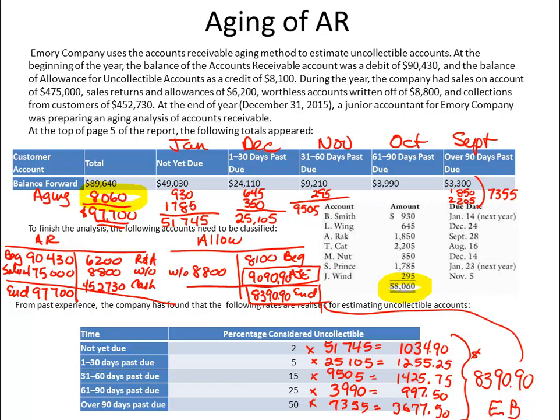$97,700. Now, up until now, they have aged most of the accounts except for those accounts in black that are listed there to be Smith, L. Wing, A. Rack, T. Cat, M. Nutt, S. Prince, and J. Wind that come to $8,060.